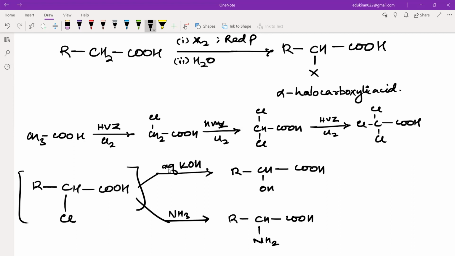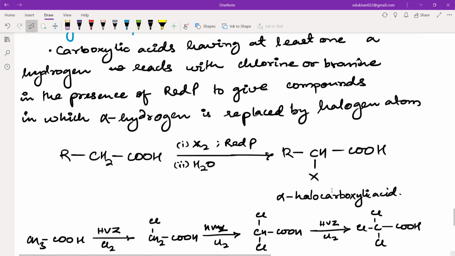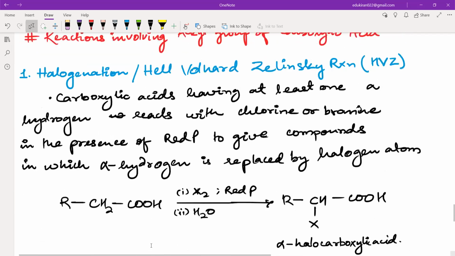Done, guys? No, sir. Okay, write. Done, sir. The last reaction is electrophilic aromatic substitution of benzene. So it's one reaction, we have two.